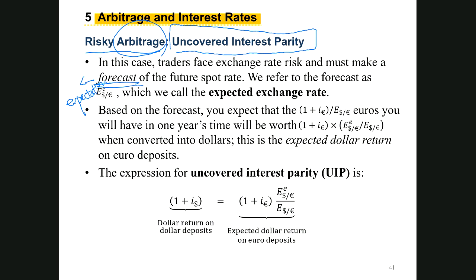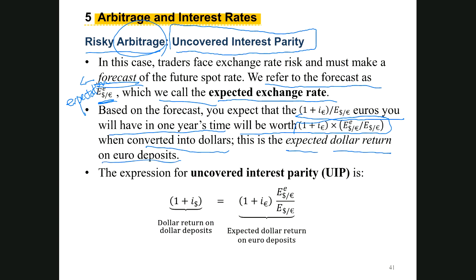We refer to the forecast as the expected exchange rate. Based on the forecast, you expect the euro you will have in one year's time will be worth this much when converted to dollars. This is the expected dollar return on the euro deposit.